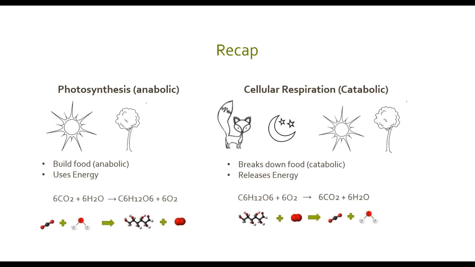If we take a look at these formulas together, we'll see that on the left side, photosynthesis takes 6 molecules of carbon dioxide and 6 molecules of water plus light energy to make 1 molecule of sugar and 6 molecules of oxygen gas. Now, when you flip that, it's basically a mirror reaction in cellular respiration.